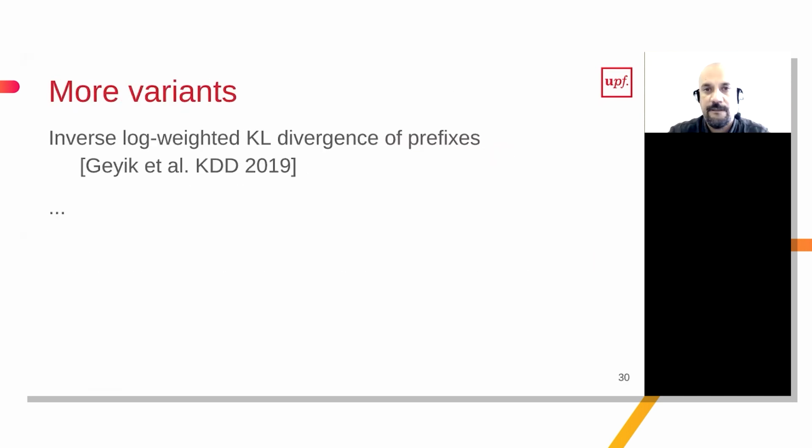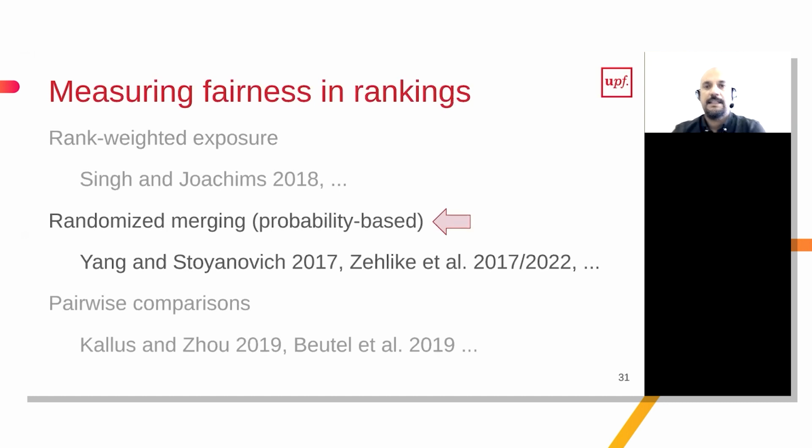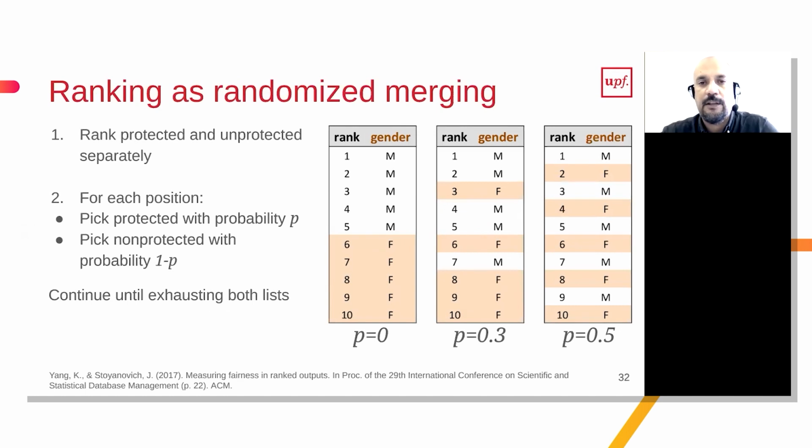There are many variants of the same idea. Another idea is to use a process of randomized merging. In this case, you assume that you have a list of men and a list of women that have been sorted independently, and you want to merge these two lists into a single list.